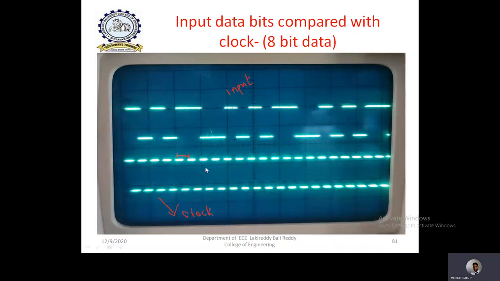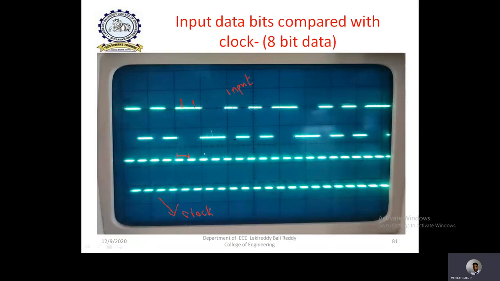While comparing with the time period of the clock, during one clock time period, if you observe a high pulse, then you can consider that as a binary one. So I'm taking it as binary one. Next clock time period, starting from here to here, again I observe a high pulse is coming, so again we consider it as one.